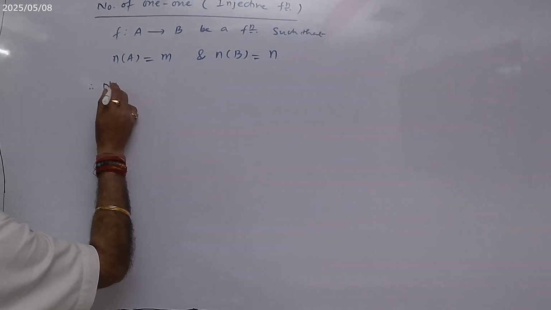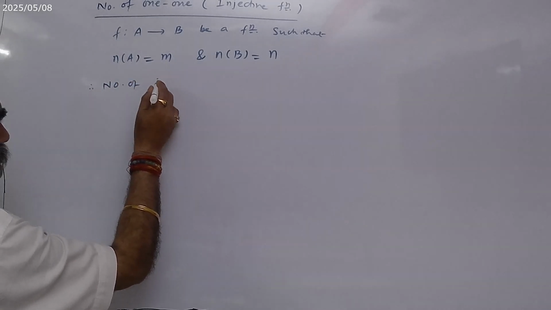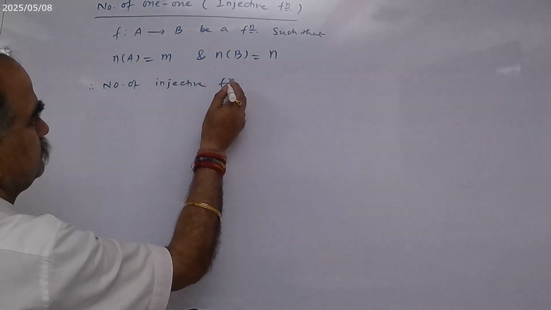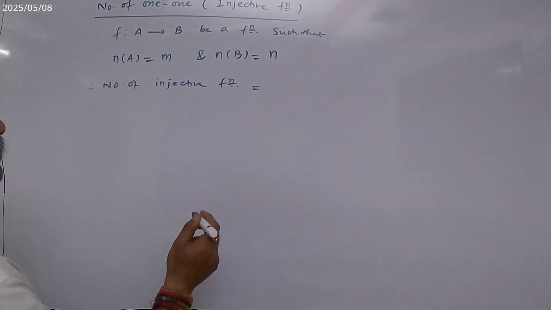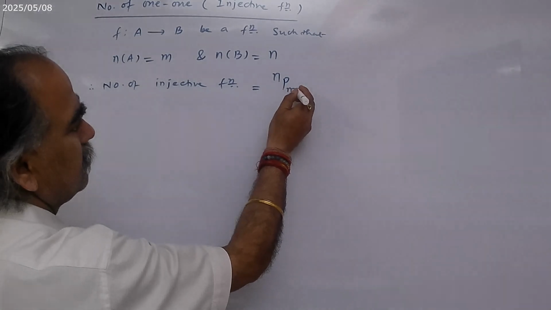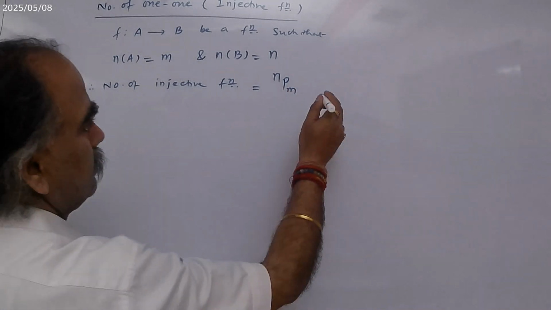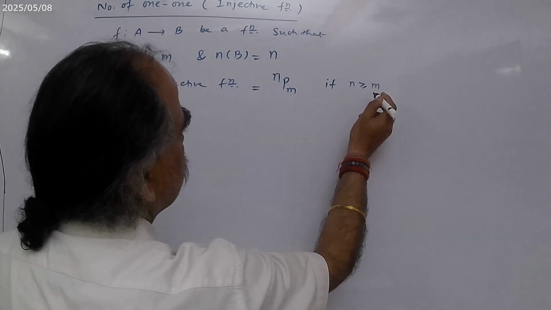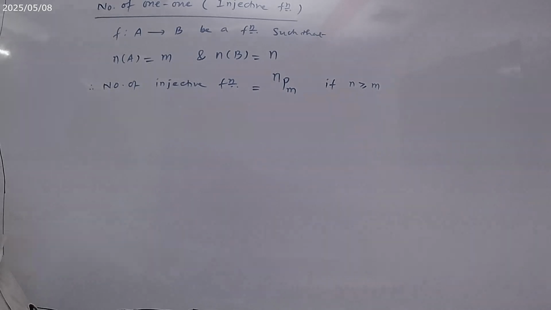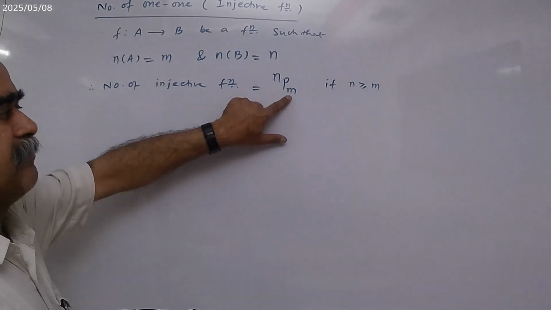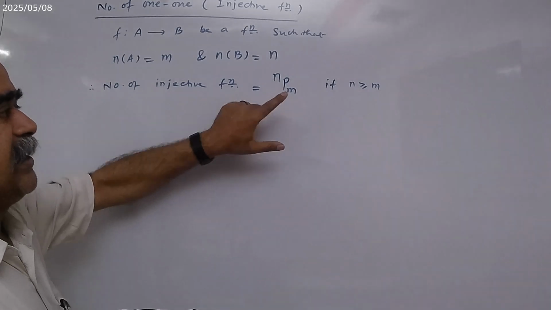Therefore, number of injective functions will be what? nPm, if n is greater than or equal to m, because out of n elements, m elements can be arranged in nPm ways.